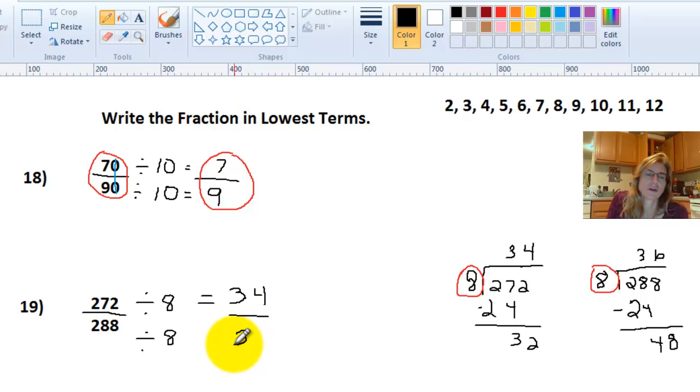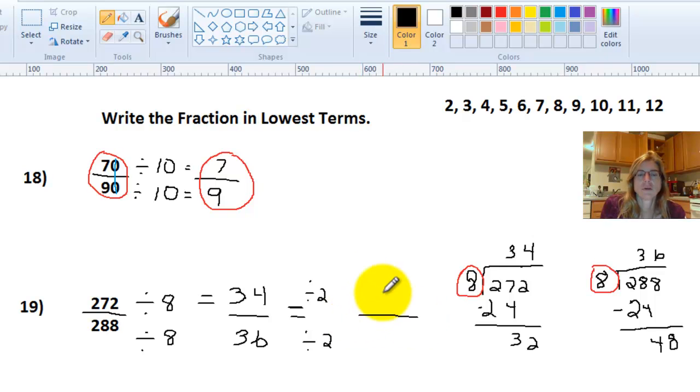Well, it's still not low enough, because these are two even numbers. Once again, we can just cut each of these in half and see what we get. I think half of 34 is 17. So if I were to divide by 2 for these, that's 17, and then 36 divided by 2 is 18.